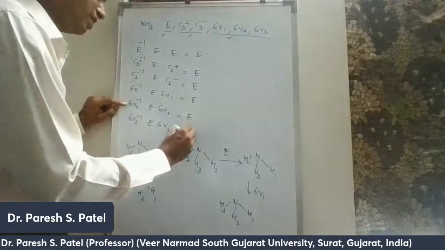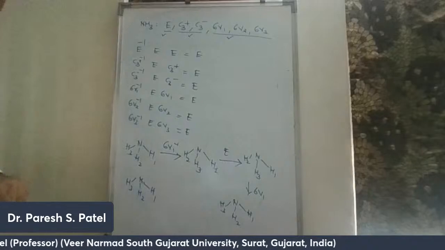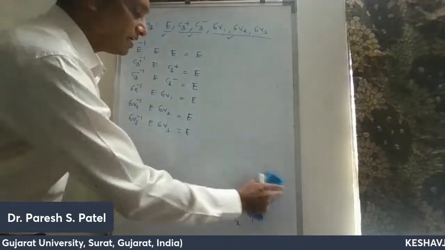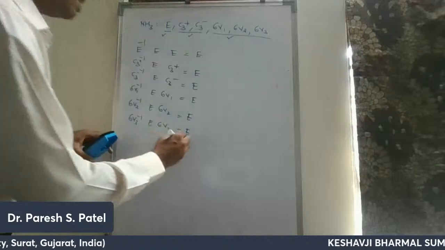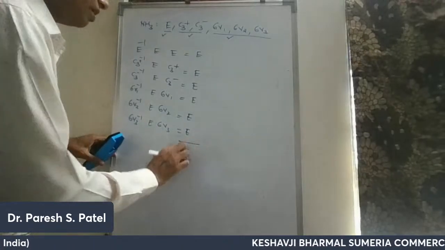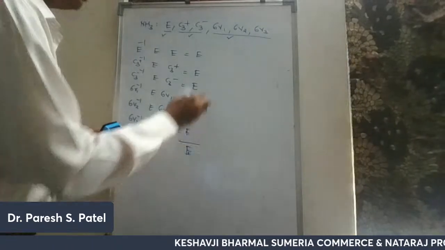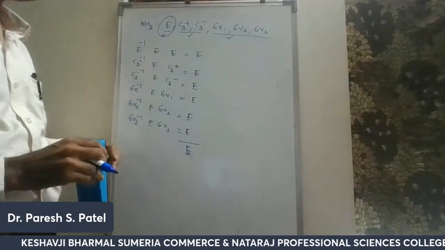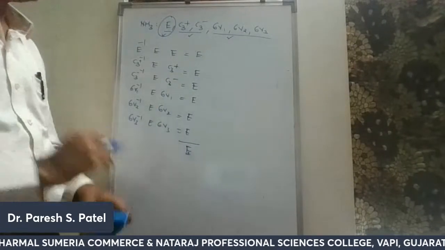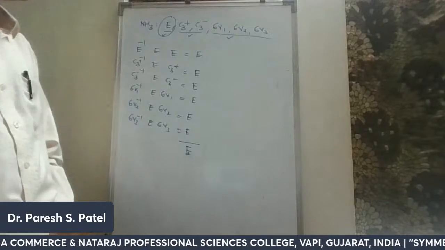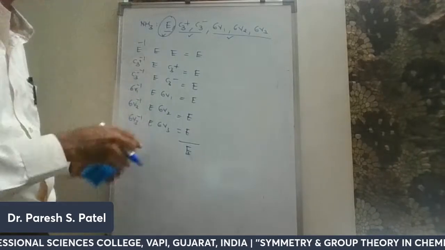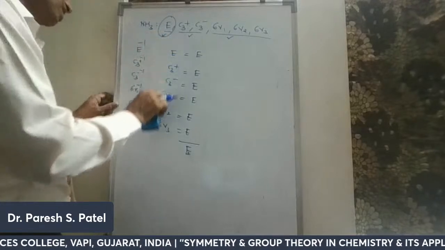Similarly, here also identity. So the overall result for the identity symmetry operation is identity. It means E is conjugate to itself to form an individual class. So in case of the ammonia molecule, E is conjugate to itself to form an individual class, or the first class of the ammonia molecule is identity only. Next one is C3 plus.